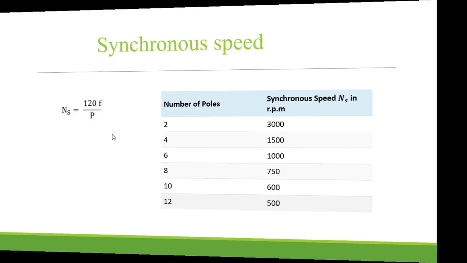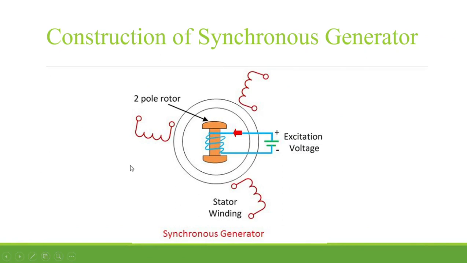Now before going to construction, let us discuss the simple working principle of a synchronous generator. A synchronous generator works on the principle of Faraday's law of electromagnetic induction, which says that electromotive force, EMF, is induced in the armature coil if it is rotating in a uniform magnetic field or vice versa.